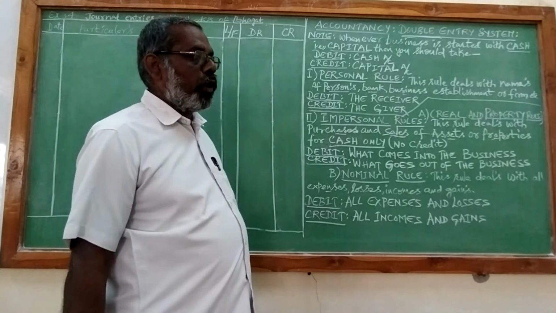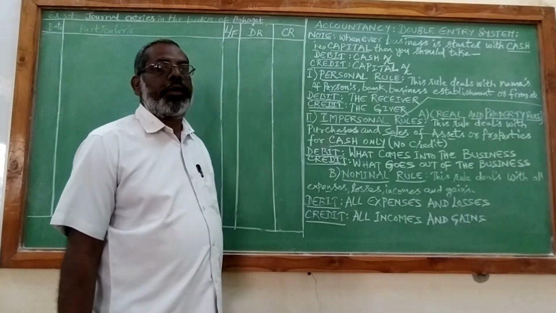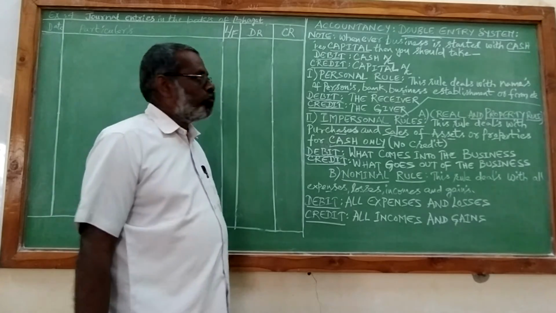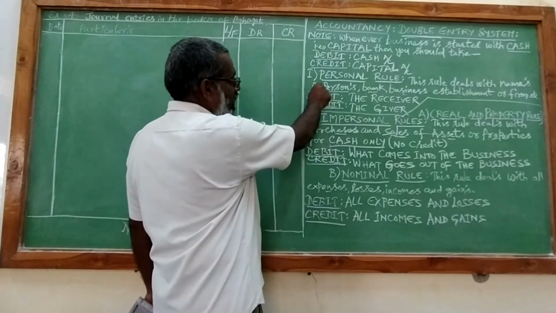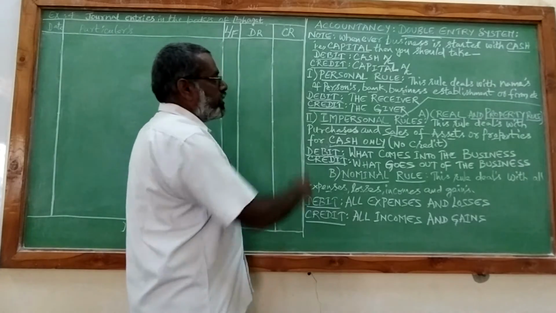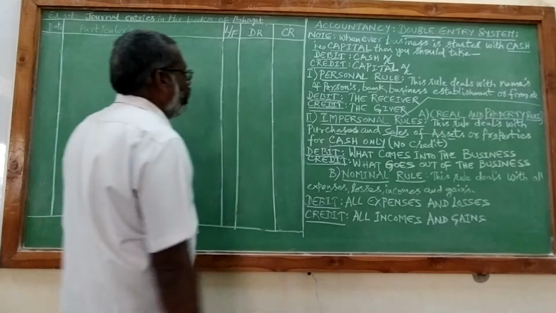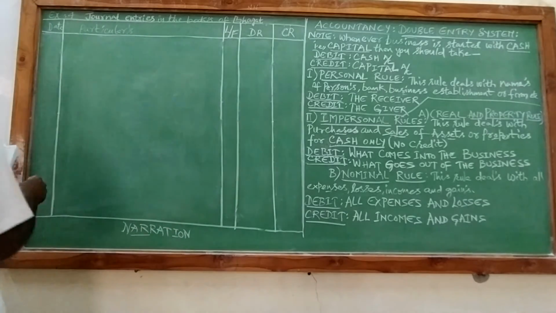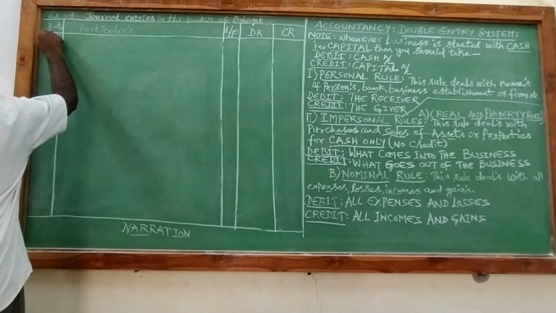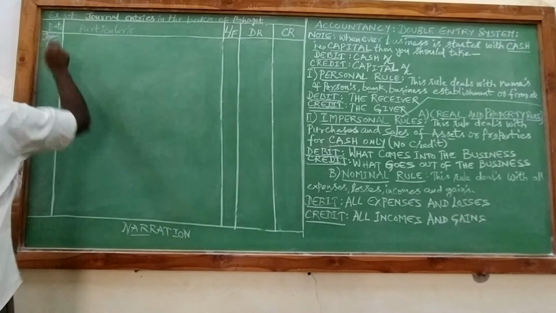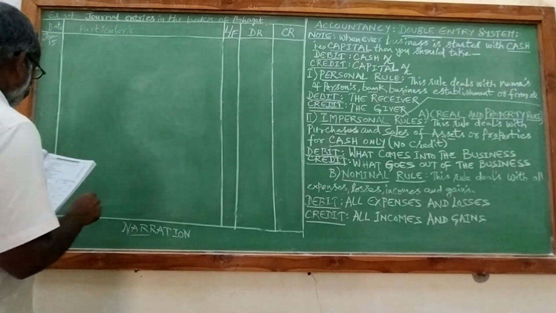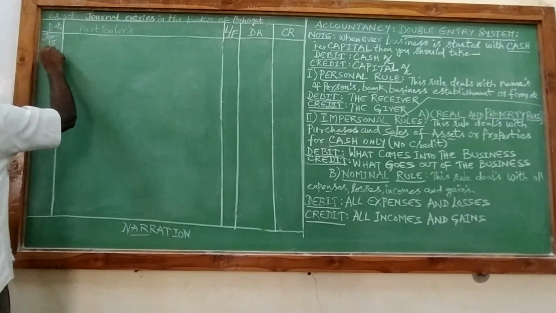So, we are purely purchasing goods on credit from Mr. Nikhil. So, this deals with the personal rule because the name of the person has come. So it is personal rule.